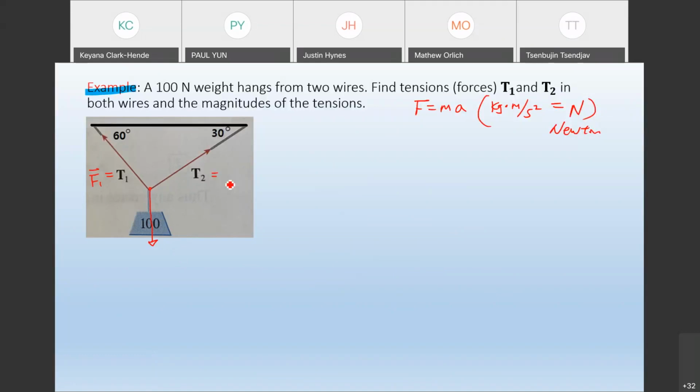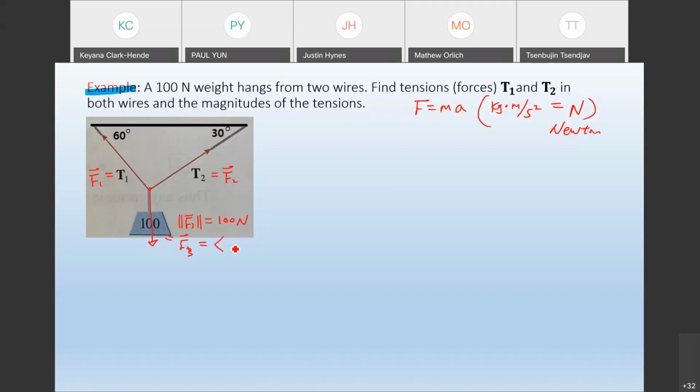This guy's weight is force 3. So what is the magnitude of force 3 here? That's 100 newtons.